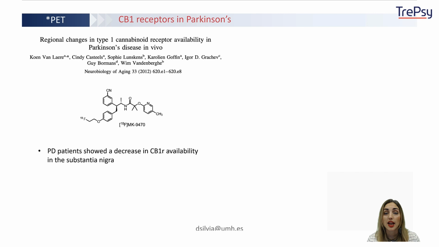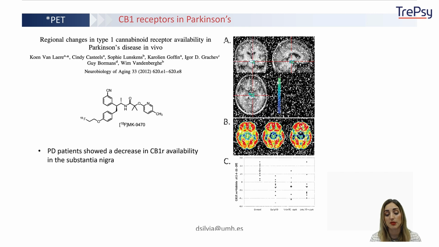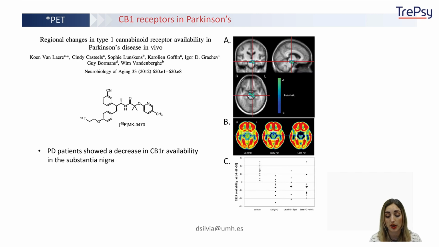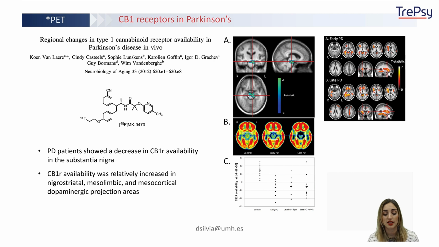And again, in this case, there is also inhomogeneity of the CB1R availability across the brain. In fact, in this paper, the authors highlight that the Parkinson's patients showed a decreased CB1R availability in the substantia nigra when compared to control, but the CB1R availability was relatively increased in other areas like the nigrostriatal, mesolimbic, mesocortical dopaminergic projection areas.